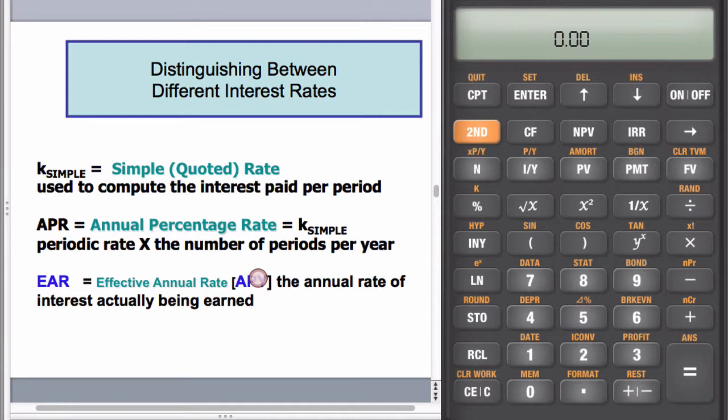So I encourage you to look at your credit cards, and you will find the APR stated there. The APY is often not stated. It's only stated when you're buying a CD, so that it makes the CD look better, that the effective yield is higher than the stated return. And so I'll show you a couple of ways of how to actually calculate the APY. That is the topic for the next 10 slides or so.